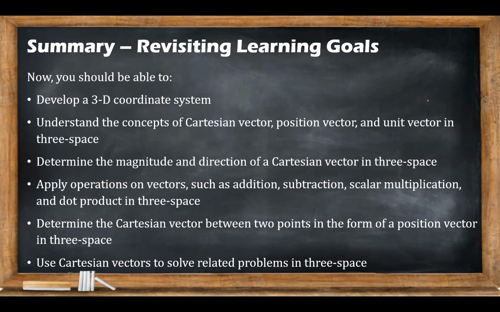Then apply operations on vectors such as addition, subtraction, scalar multiplication, and dot product in 3-space. Next, determine the Cartesian vector between 2 points in the form of a position vector in 3-space. And last, use Cartesian vectors to solve related problems in 3-space.